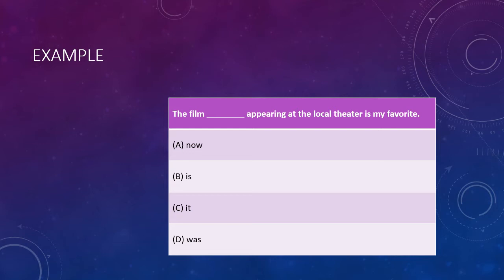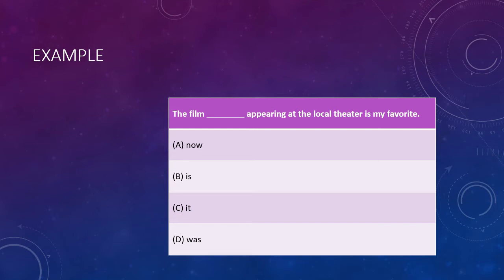So is there any subject in the sentence? Yes, the film. Is there any verb in the sentence? Yes, is. And appearing could be part of the verb, right? Could be part of a verb. But is there any connector? No. If there is no connector, then the sentence should only have one subject and one verb. And you already have one verb, is.